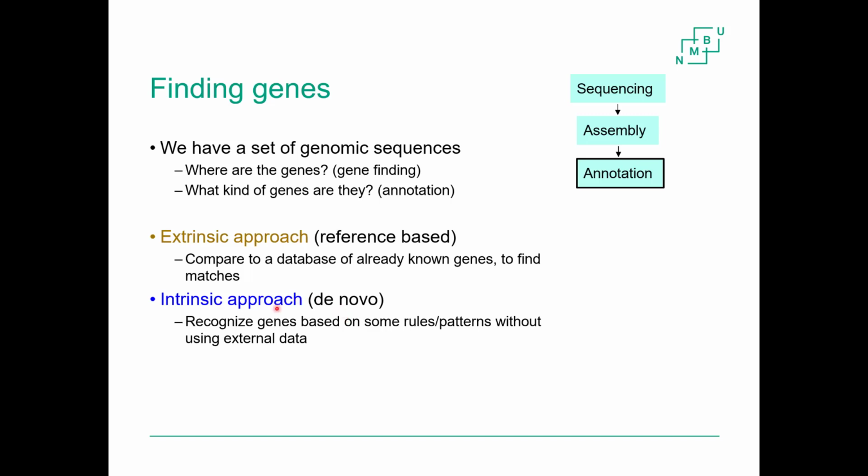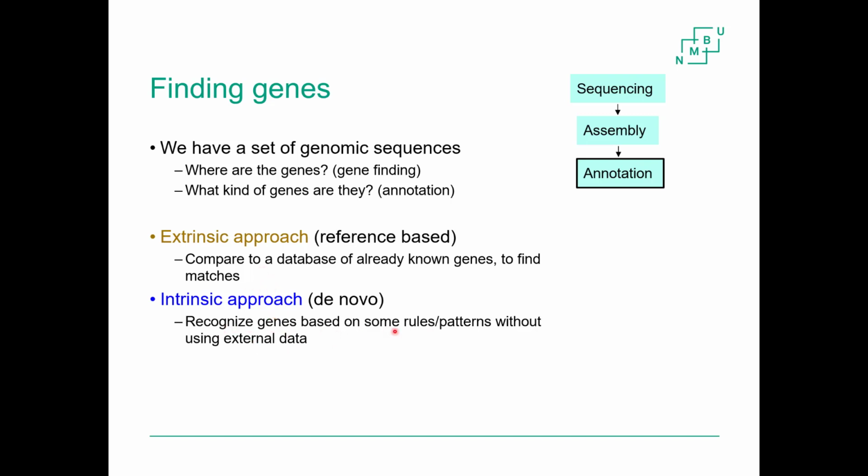And of course, when we started sequencing genomes, this approach was impossible because there were no databases, right? So this is the one we have relied on from the beginning. It recognizes the genes based on some rules or patterns without directly using external data.